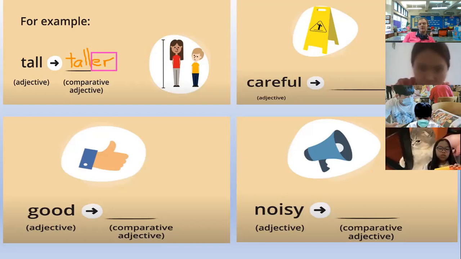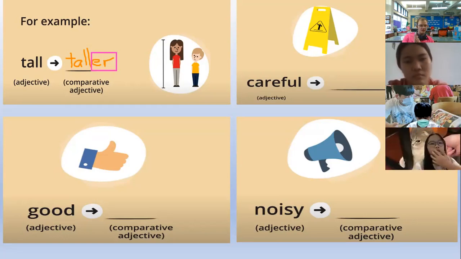Anyone who wants to try? What is the comparative adjective of careful? Come on, guys, you need to try. If you don't try, I don't know if you understand or not. I think carefuler.